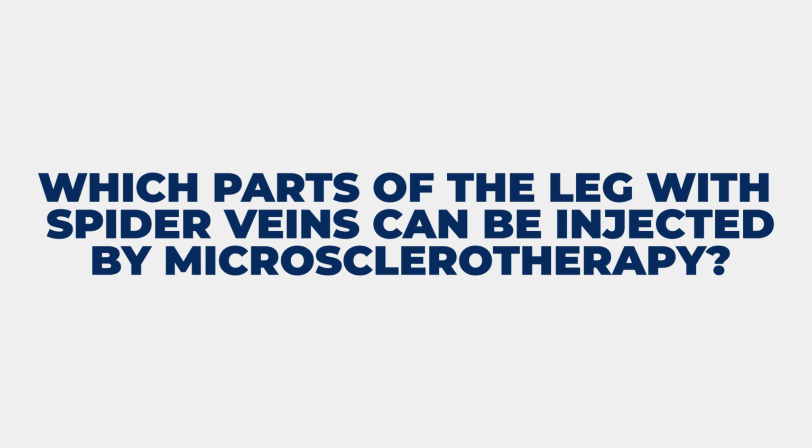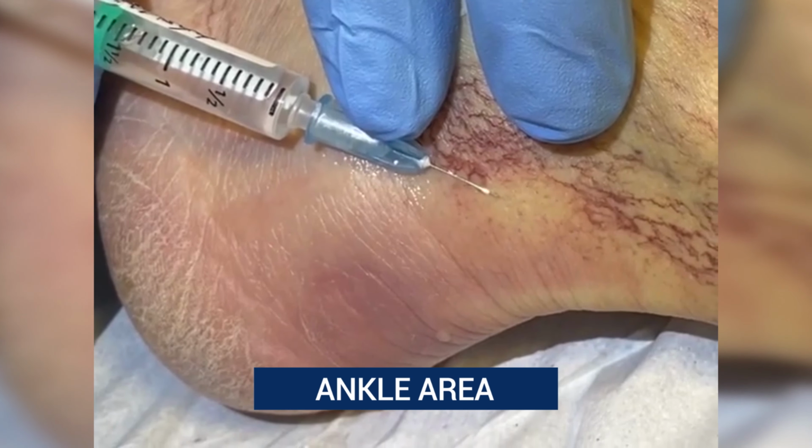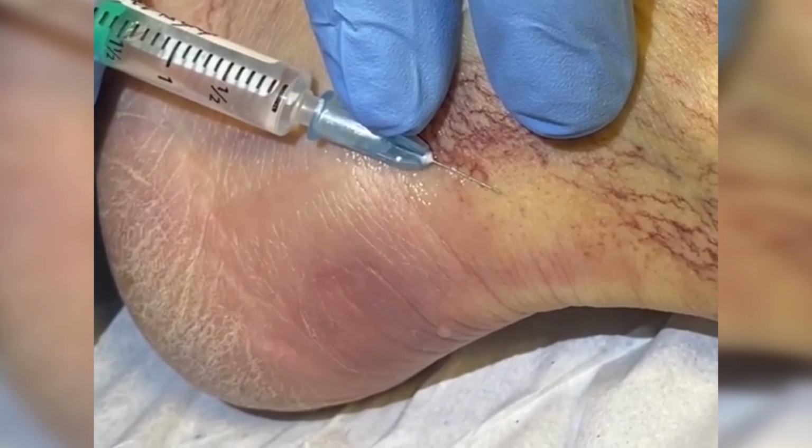Now, which parts of the leg with spider veins can be injected by microsclerotherapy? It's relatively simple to treat all areas of the legs, with one important exception: the ankle area. This ankle injection looks easy, doesn't it? And if you're properly trained, it's a bit tricky, but it's not that difficult.